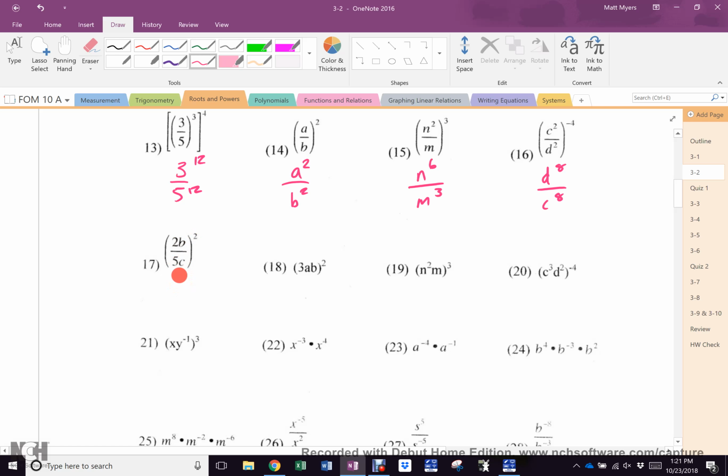Okay, yeah. 4b squared over 25c squared. Absolutely correct. 18. Jacob. 3 squared a squared b squared. Would we leave 3 squared like that? 9 a squared b squared.